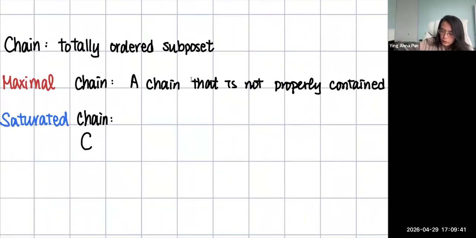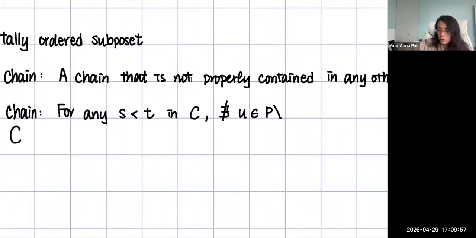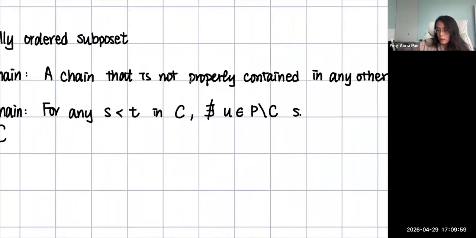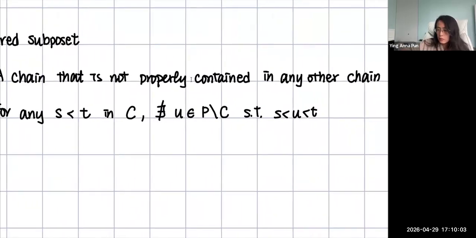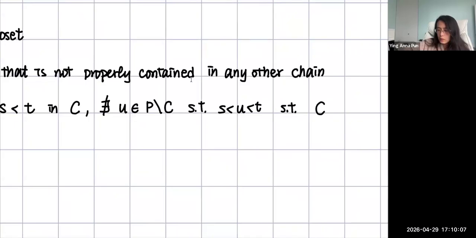If I call this chain C, then for any S that is directly less than T in chain C, there does not exist any other element U outside this chain such that S is less than U less than T, such that C union U is a chain.